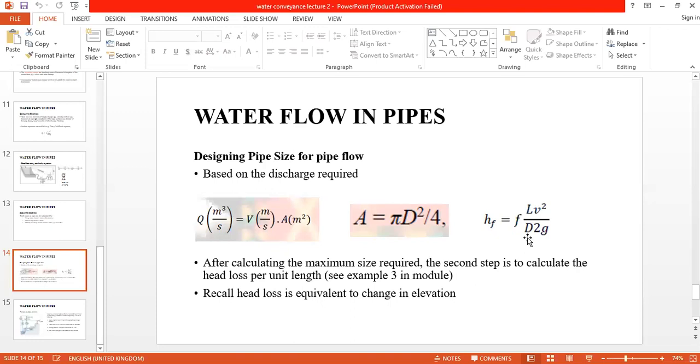So basically, that's what we want to achieve in this chapter. For you to be able to advise to say, okay, use this pipe size to deliver this amount of water if you are going to deliver water from a certain distance. Okay.